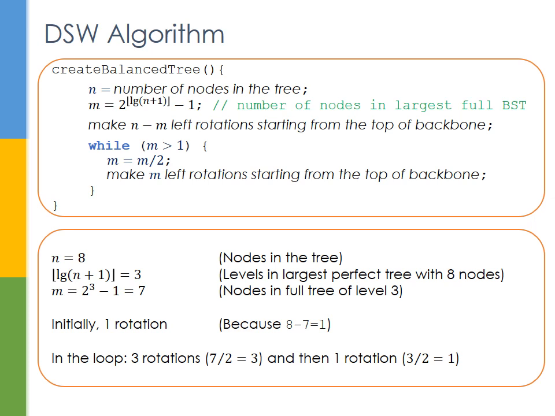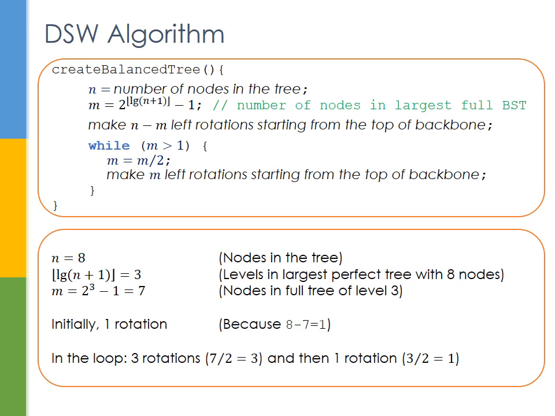It's important to understand that each of these sets of rotations start at the root of the tree, and we rotate every second node. So our first 3 rotations we perform starting at the root, and then our single rotation here again begins at the root.